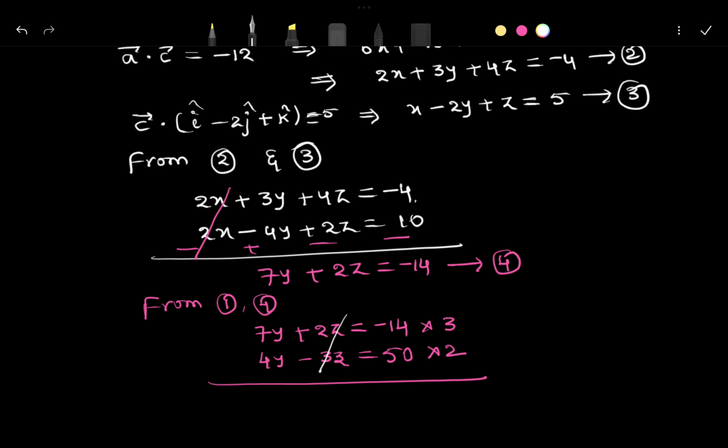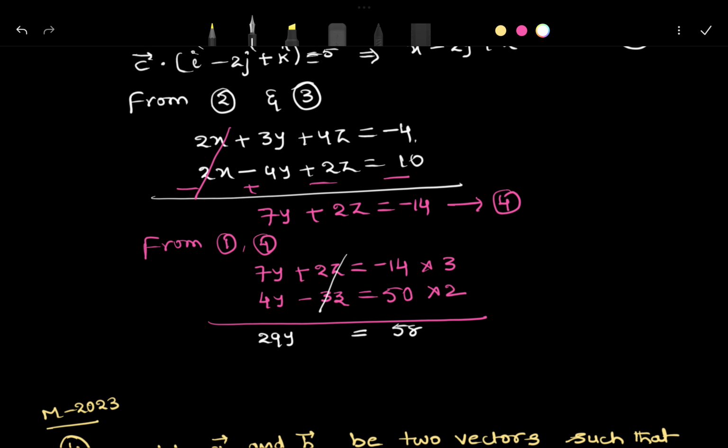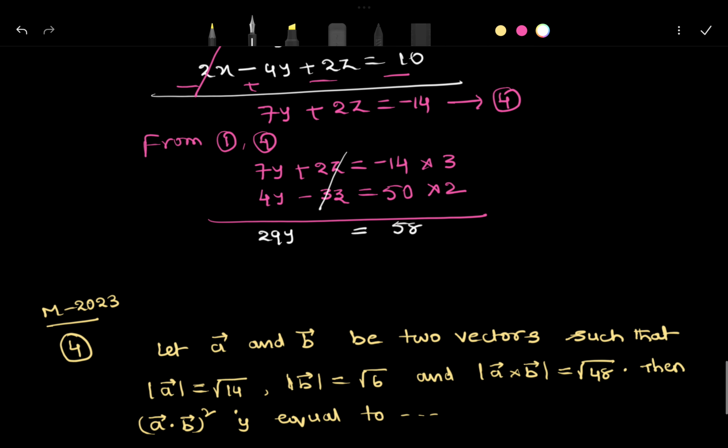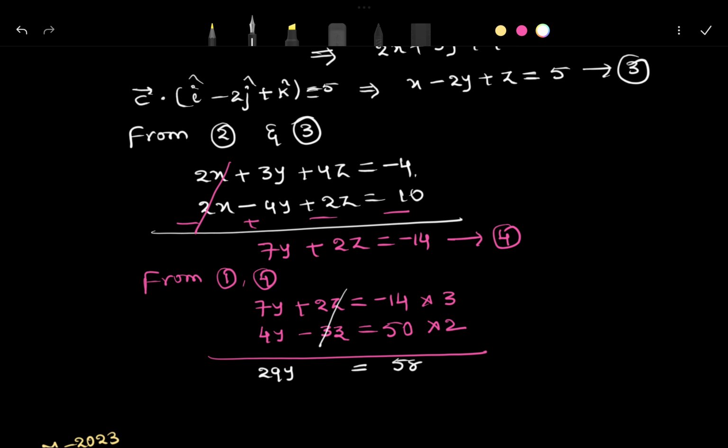7y into 3 is 21. 21 plus 8 is equal to how much? 29. So 29y is equal to 58. So 14 3s are how much? 42. Minus 42 plus 100 is equal to 58. So y is equal to what value? y is equal to 2.